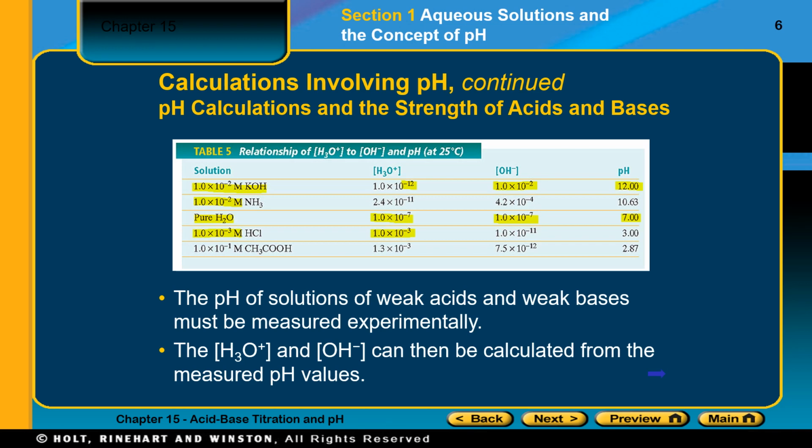Now, if I take the negative of the log of the hydronium ion concentration, using this number up here at the top, the minus 3 will become my pH of 3. Now, if I want to calculate this, just remember that 1 times 10 to the minus 14 divided by this gives me this answer over here.